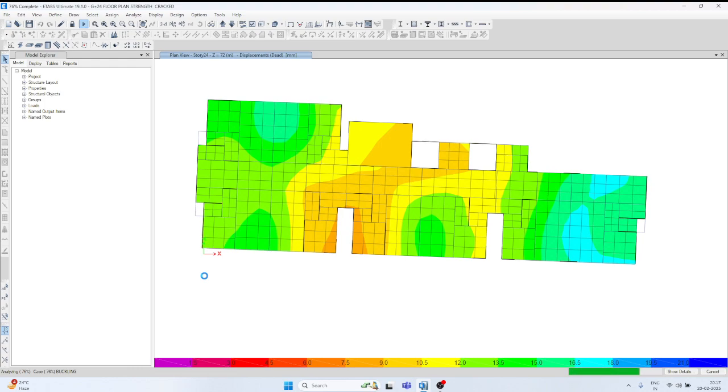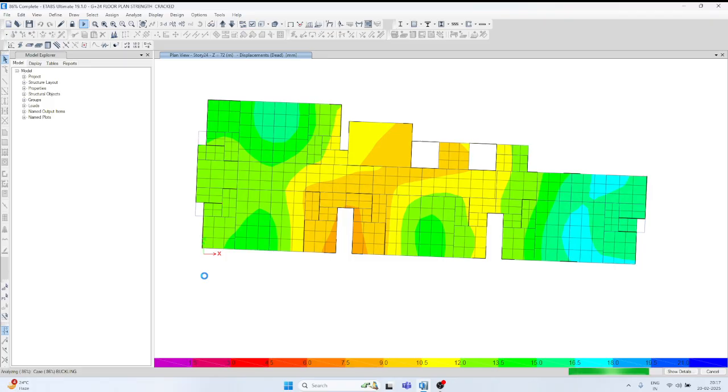Then we also check the maximum story displacement due to earthquake load or due to wind load. Due to earthquake load, the formula is capital H, that is the height of the structure, divided by 250. This is the limit. And due to wind load, it is H by 500.